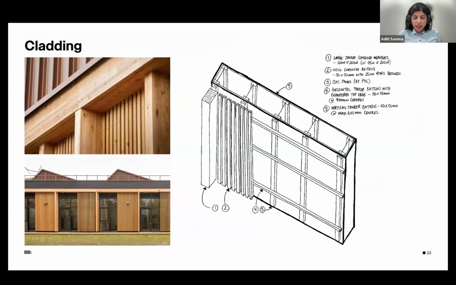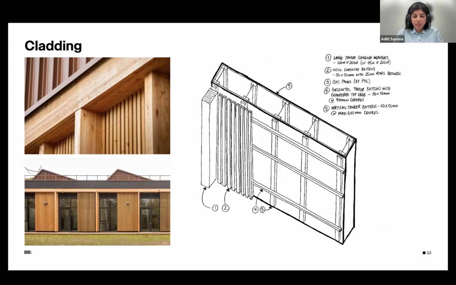And so talking about the cladding, when we were designing this, we wanted it to be really simple. And so we used a language that allowed sufficient variation to make the facade interesting, but also functional. So the principle was really to use timber verticals in 3 sizes, which you can see in the images on the left. So the smallest batten that we used was for the bulk of the cladding element.